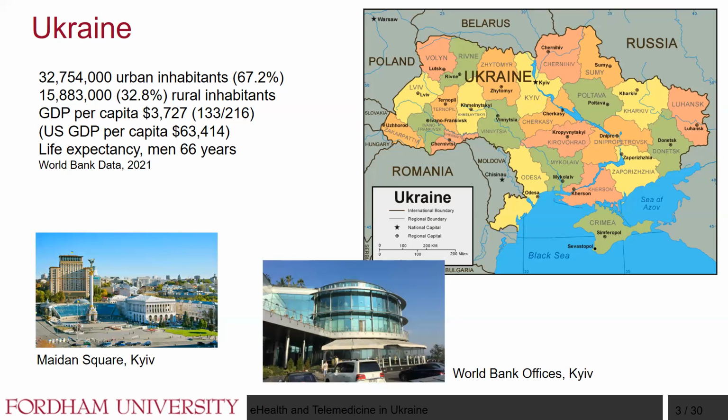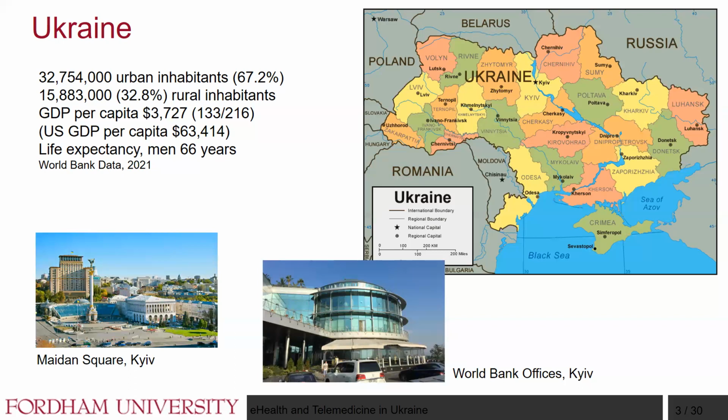And if you look at the pictures of central Kyiv, you see a cosmopolitan European city, like being in Munich or Paris or London. But once you get outside of Kyiv, there's really been little investment in the infrastructure since the end of the Soviet era in the early 1990s. So once you get to the rural locations, it's almost stuck in a 50-year time warp.